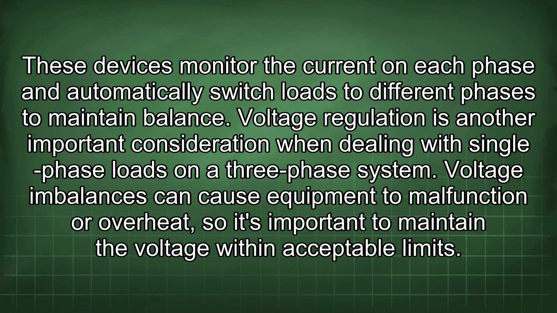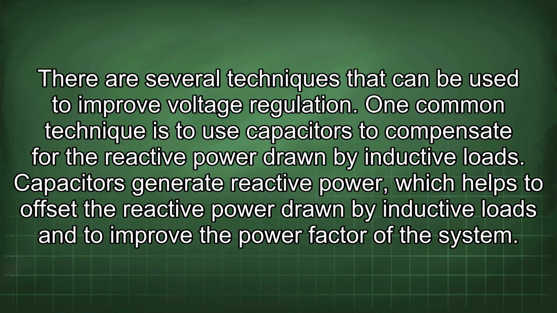Voltage regulation is another important consideration when dealing with single-phase loads on a three-phase system. Voltage imbalances can cause equipment to malfunction or overheat, so it's important to maintain the voltage within acceptable limits. There are several techniques that can be used to improve voltage regulation. One common technique is to use capacitors to compensate for the reactive power drawn by inductive loads.